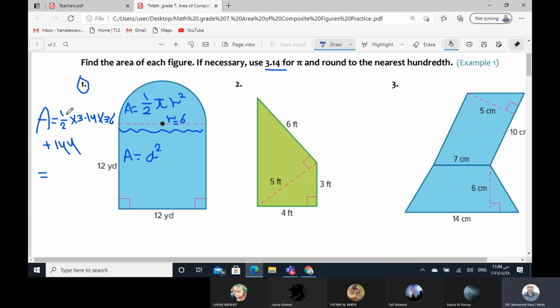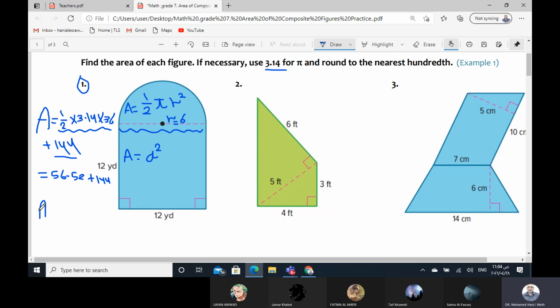So up here, we want to multiply 3.14 times 36 divided by 2. So the answer here will be 56.52 plus 144.